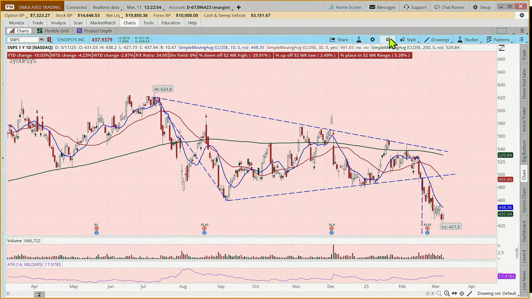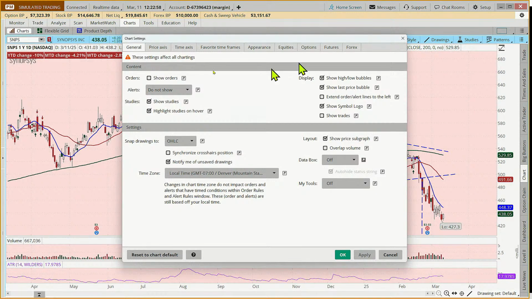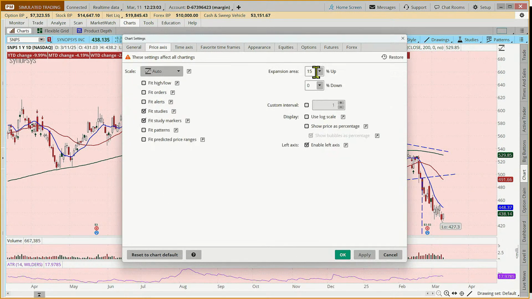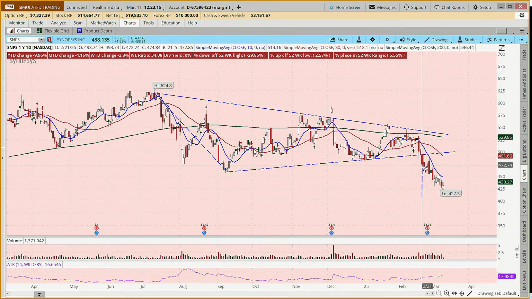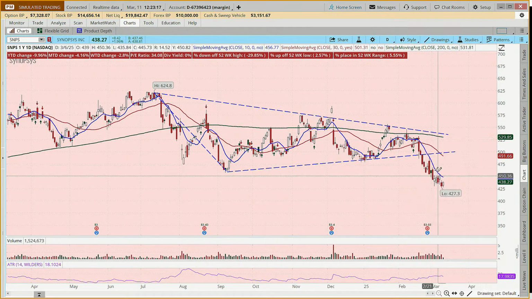Now, if we wanted to add more space, could we? Yes, we're going to come up to our sprocket and we're going to come to our price axis and say, hey, we don't need the upside right now. We want 20% to the downside. So now I can erase this line and do it again.